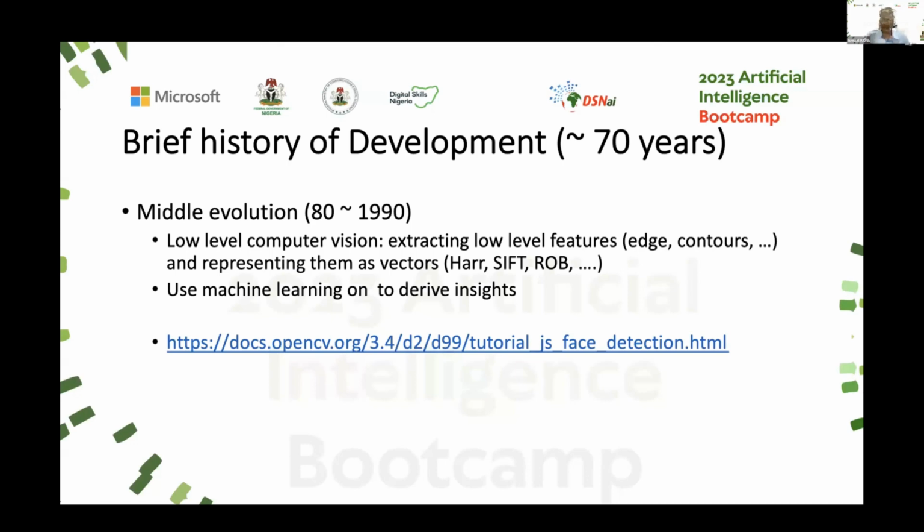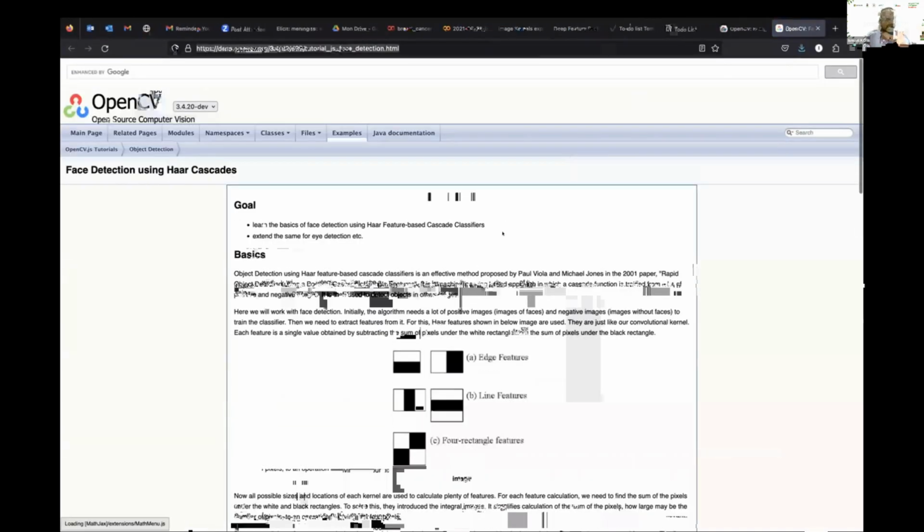There is a very famous example I want to show you. These are the Haar cascades. Haar was a researcher that created the Haar wavelet. Some researchers, notably Paul Viola, came up with the idea of extracting some features.